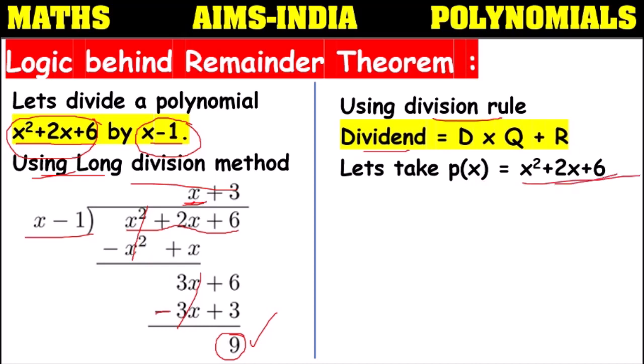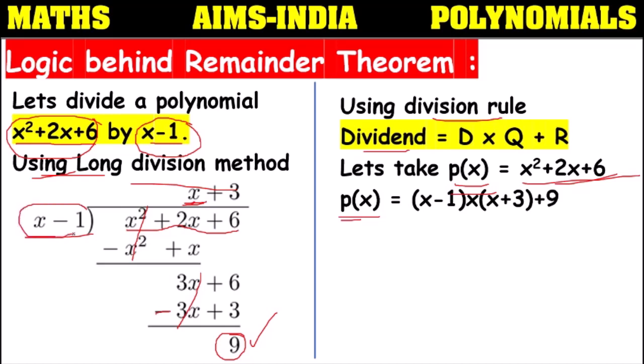Let's name this polynomial as p of x. Then dividend will be p of x. Dividend p of x equals, what is the divisor? x minus 1 is the divisor. What is the quotient we got? x plus 3. We got the quotient x plus 3 and we got the remainder 9. So according to division rule, we have written this long division in this way.